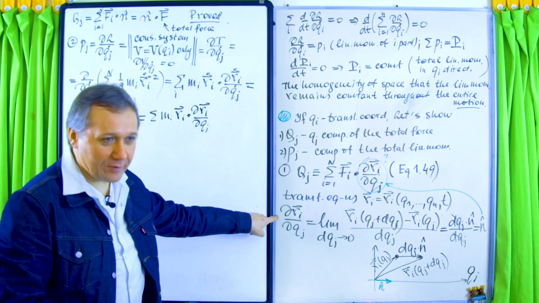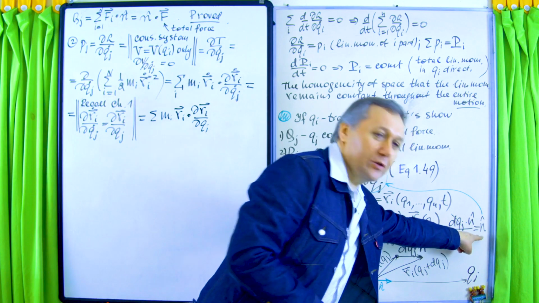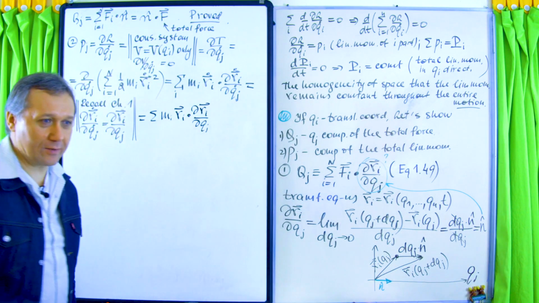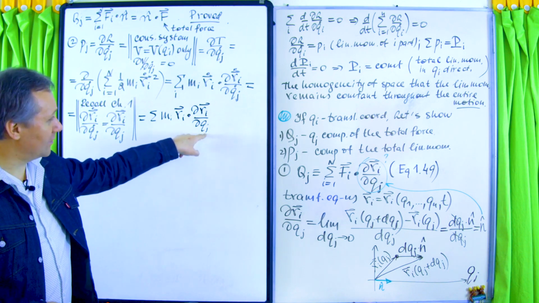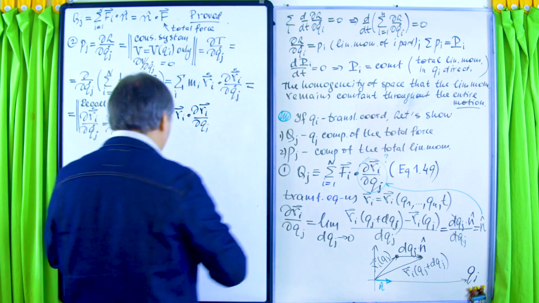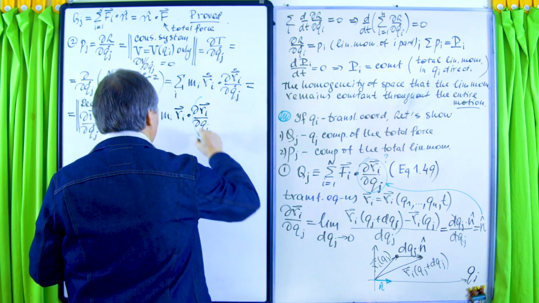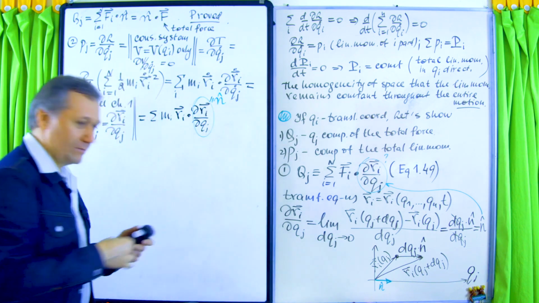You see, the partial derivative of the old coordinates with respect to the new is just a unit vector in the corresponding direction. So this is just the unit vector which gives us the direction of q_j. So let me show that this is equal to n hat.